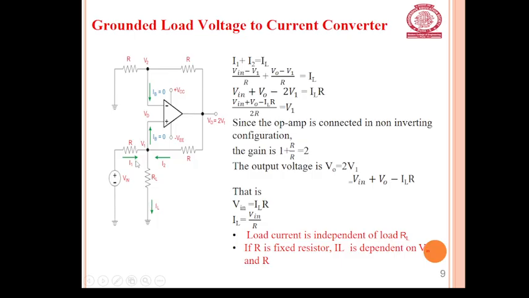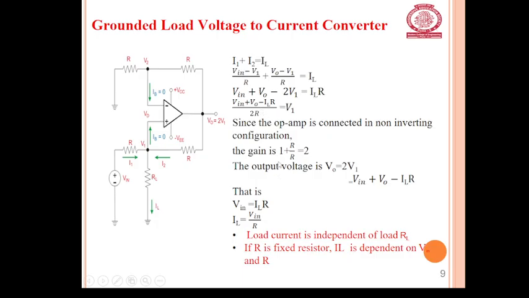For I1, I can write it as Vin minus V1 by R, and for I2, I can write it as V0 minus V1 by R. So, if we simplify that, we will get Vin plus V0 minus 2V1 equal to IL into R. If we write the equation of V1, it will become V1 equals Vin plus V0 minus IL R, divided by 2R.